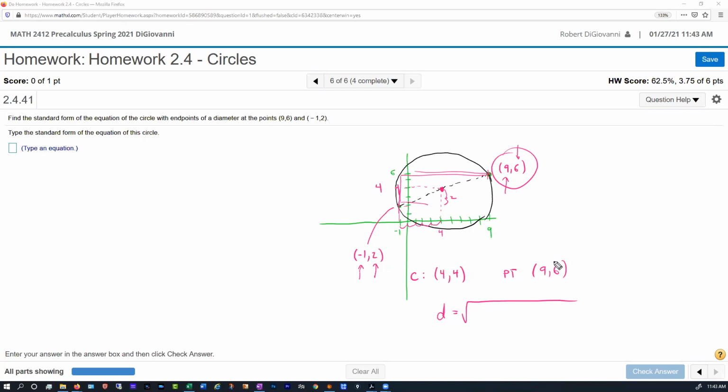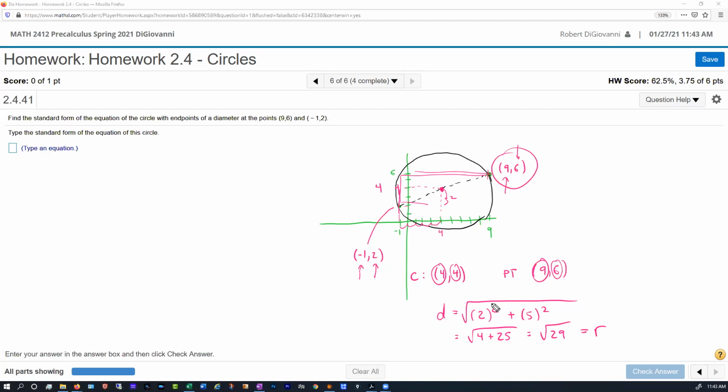So I'm going to do y minus y: 6 minus 4 is 2, squared, plus 9 minus 4 is 5, squared. So we get the square root of 4 plus 25, so you get the square root of 29. That's the distance, but that's also equal to your radius.